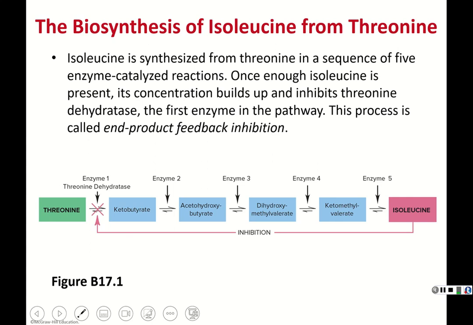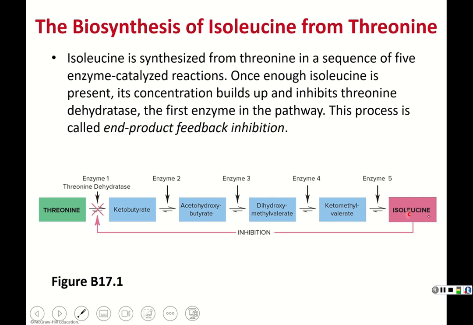What I wanted to bring up and why the book shows it is that you also have this case where the end product of your series of reactions will actually feed back and inhibit the enzyme, typically the first enzyme in this step, so that if you have enough of your product formed, it feeds back and stops this chain of reactions, right?